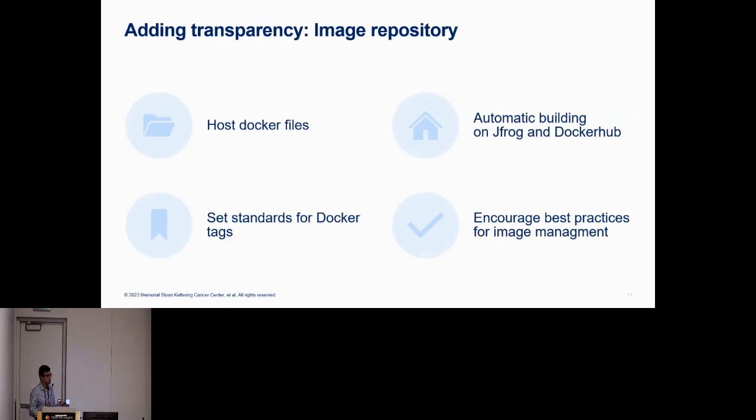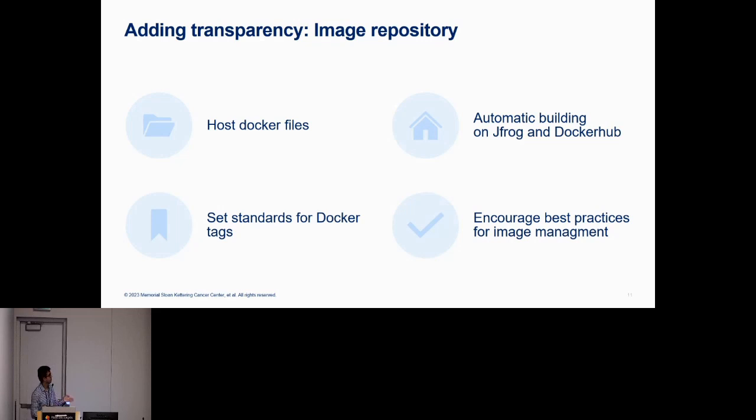And then some more transparency that we're advocating that's less common in the NF-Core community is image transparency. So instead of having just a link to Docker Hub of where your image is located, we want to have a physical location where the Dockerfile is located. So if someone asks you, hey, what version of R did you use for your pipeline?